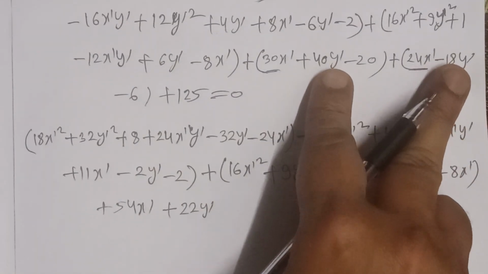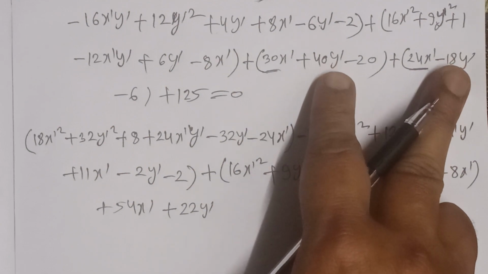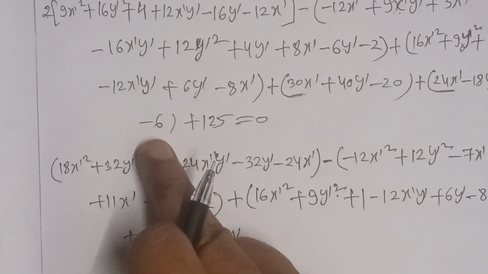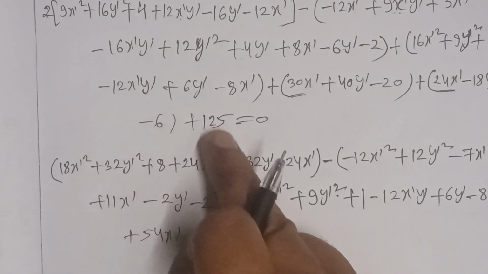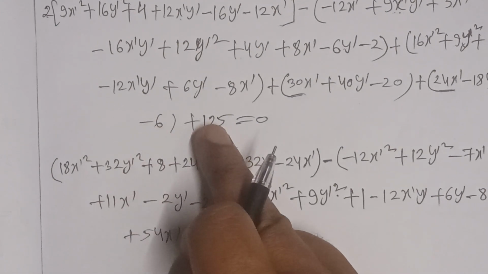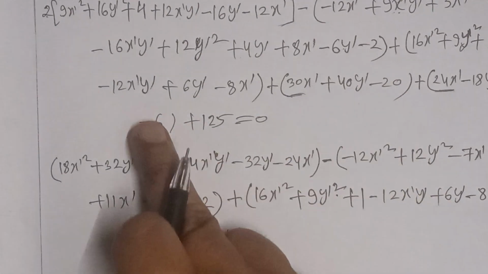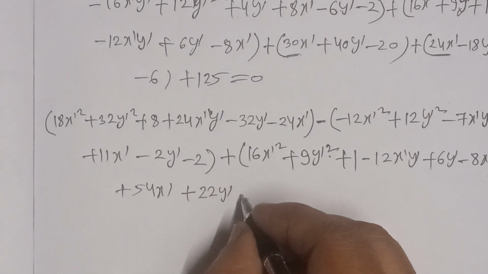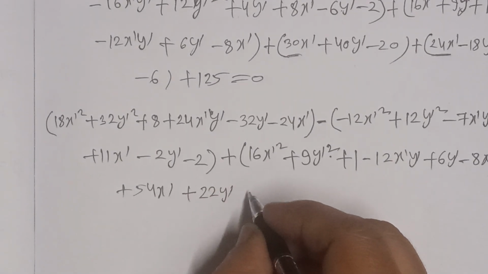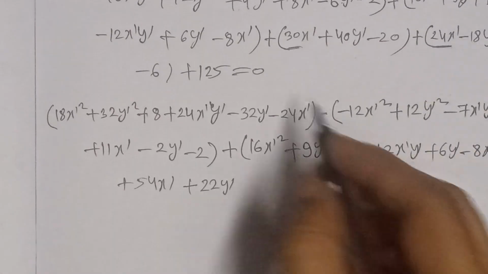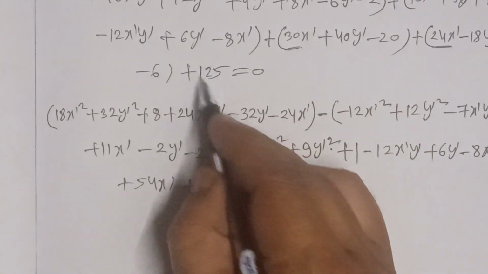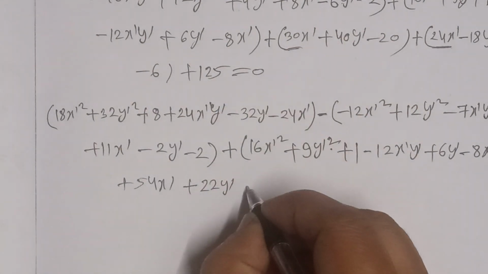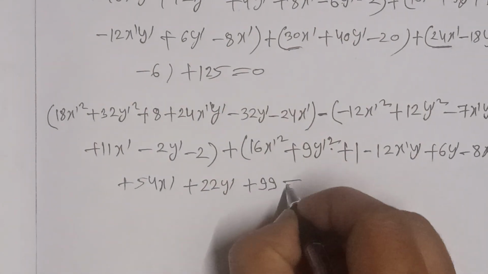And there are three constant terms: minus 20, minus 6 and plus 125. The result of these constant terms is plus 100, sorry, not 100, this is plus 126, and these two terms are minus 26, so we get plus 99 is equal to 0.